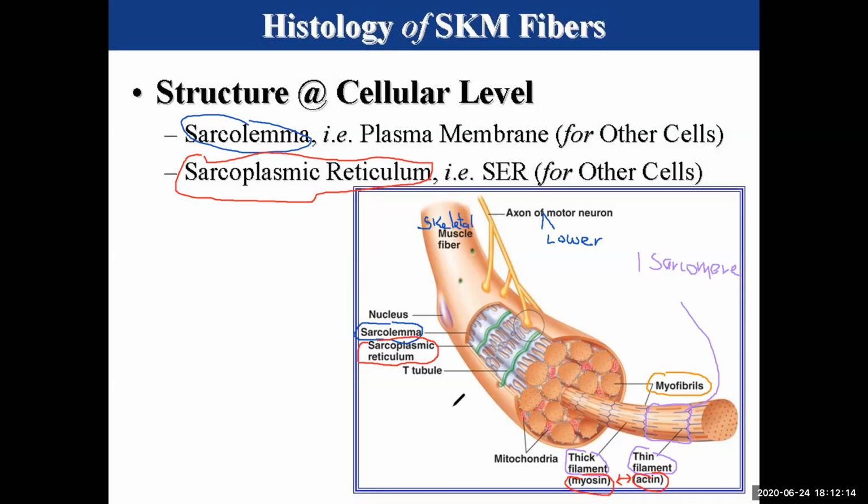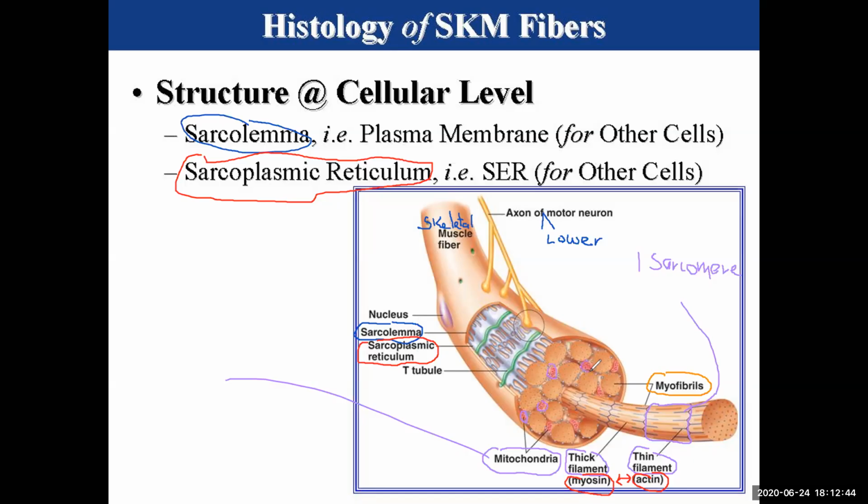And we have also a lot of mitochondria. They are important because, as we learned from aerobic cellular respiration, mitochondria, that's the powerhouse of the cell, generating 95% of the ATP supply for the cell. And because of that, you see the skeletal muscle has lots and lots of mitochondria. Right?